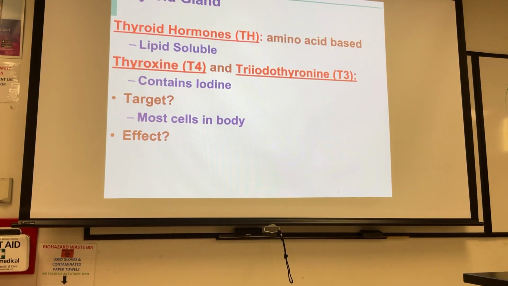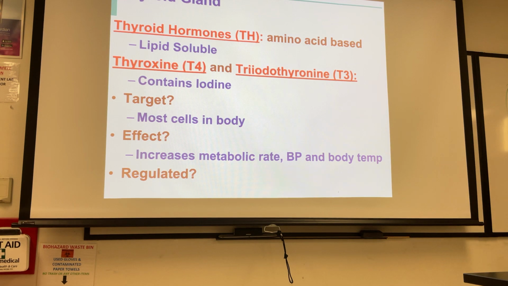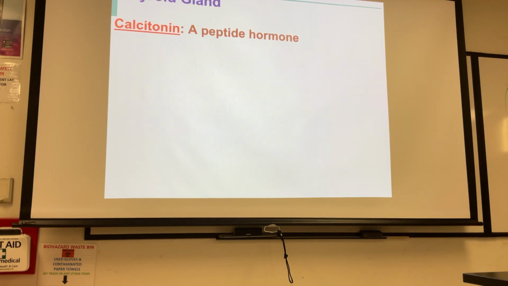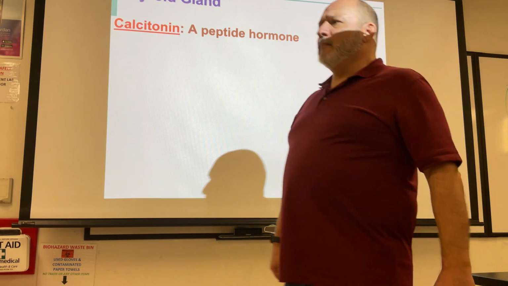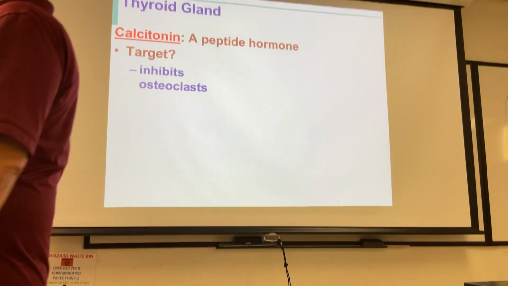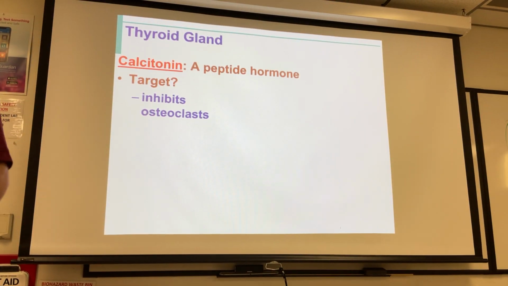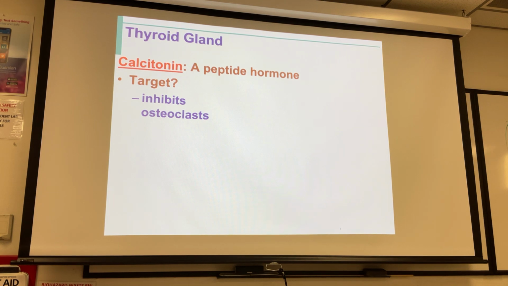These parafollicular cells produce a very different type of hormone with a very different effect. And that hormone is one you guys mentioned earlier, calcitonin. Calcitonin, as we talked about, plays a role in regulating our calcium levels in our blood.